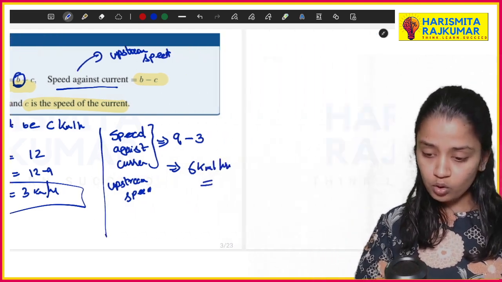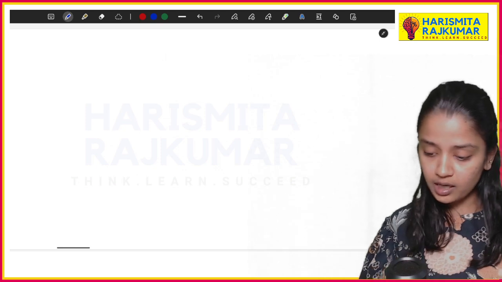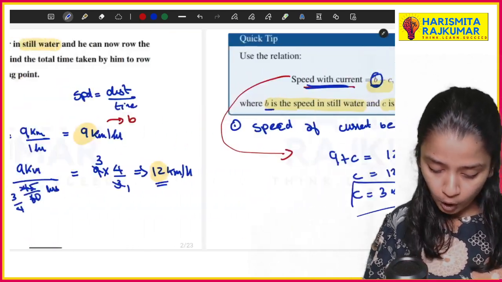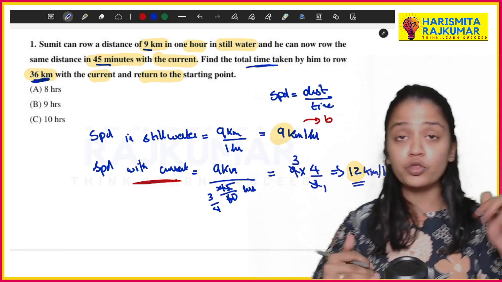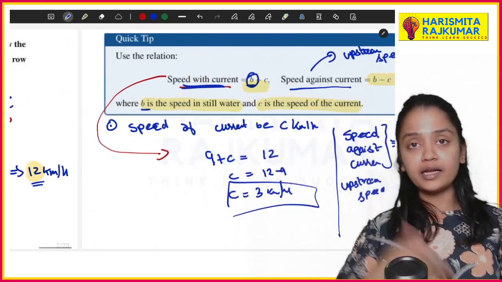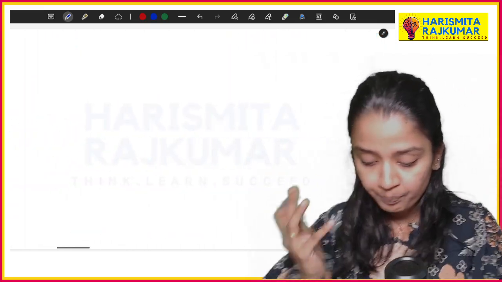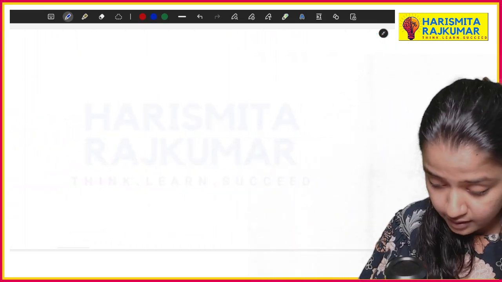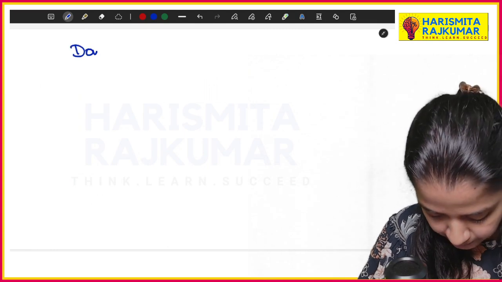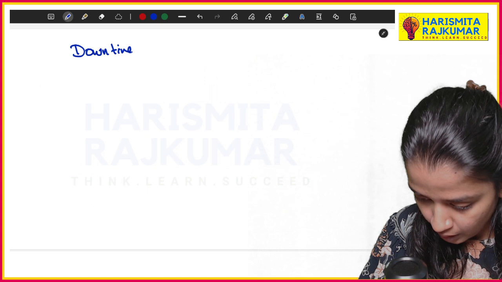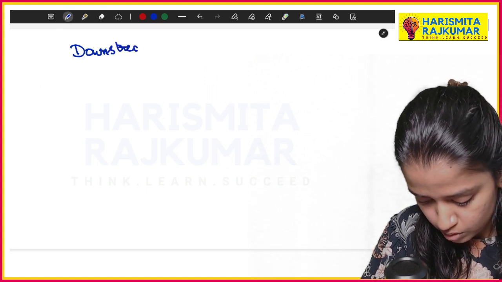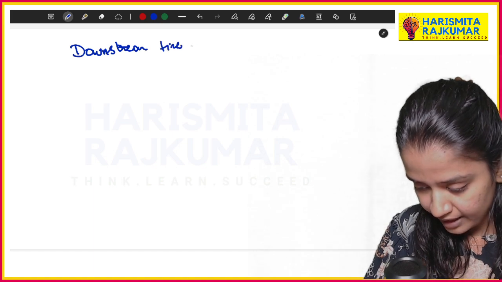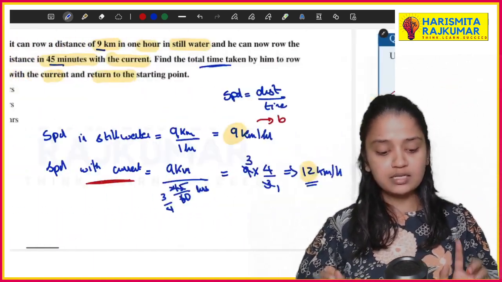Now, what am I supposed to do? Here, I have to calculate total time taken for 36 kilometers with the current and returning against the current. Now, I have to find the time. Downstream time is equal to, what is my downstream time?